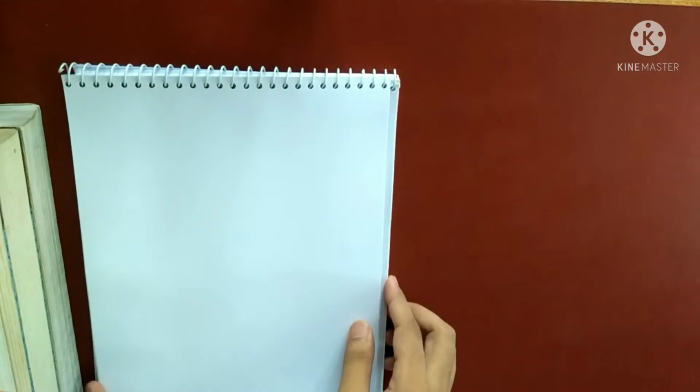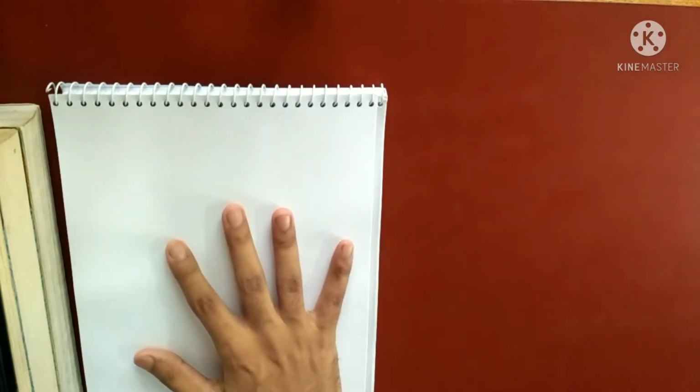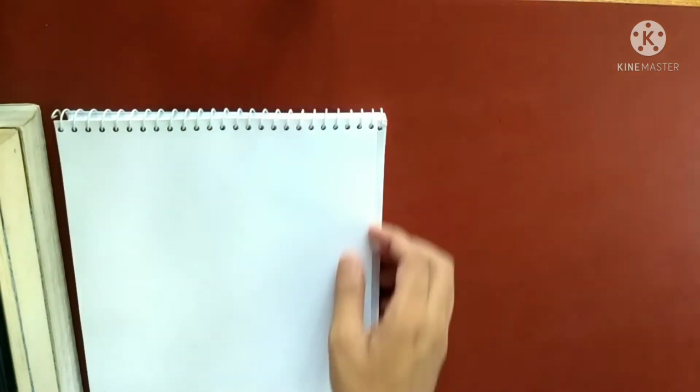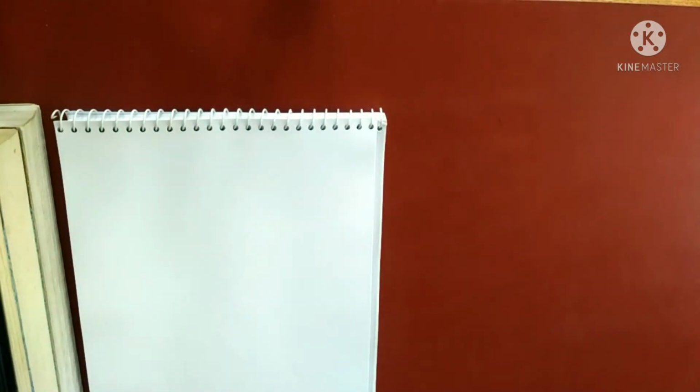So let me write this part again. In the last class I was not able to compute properly, so we'll do it now. I will write the last equation again.